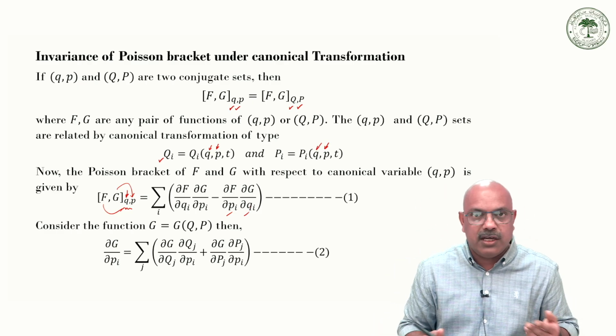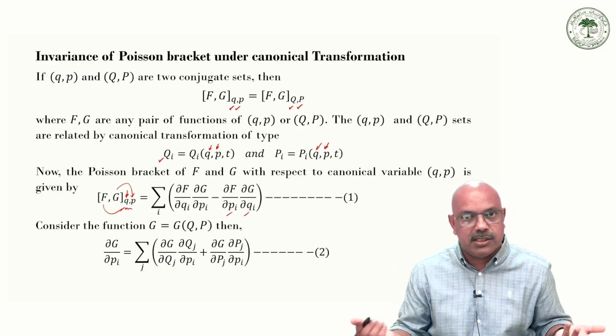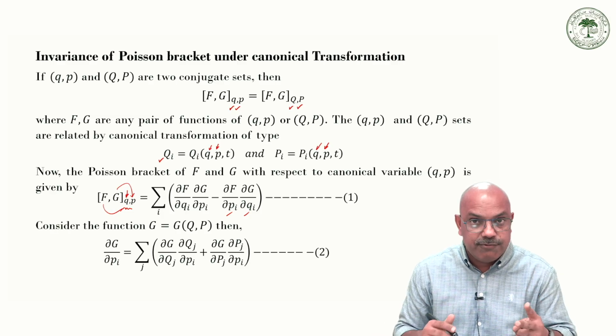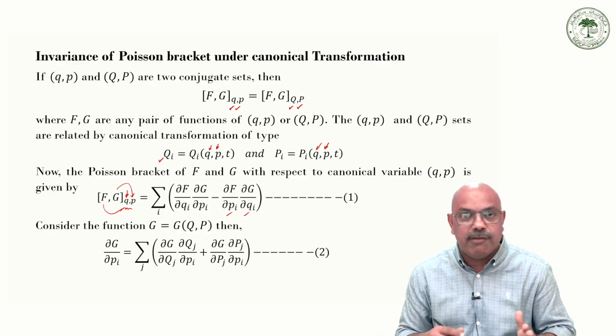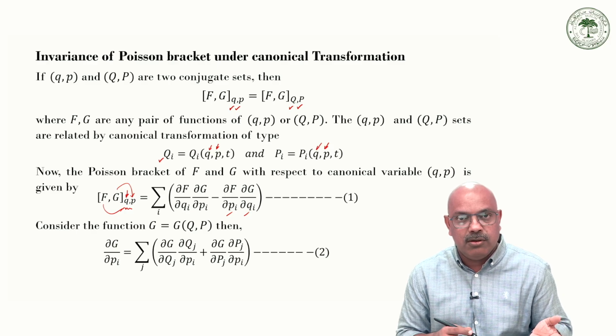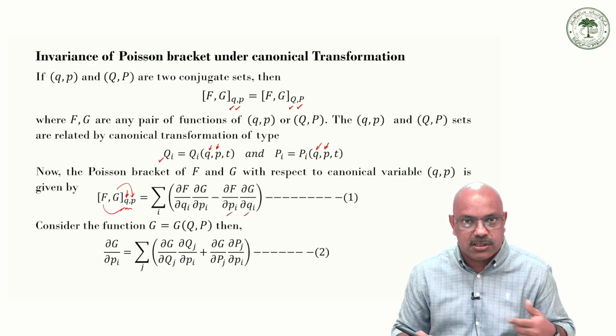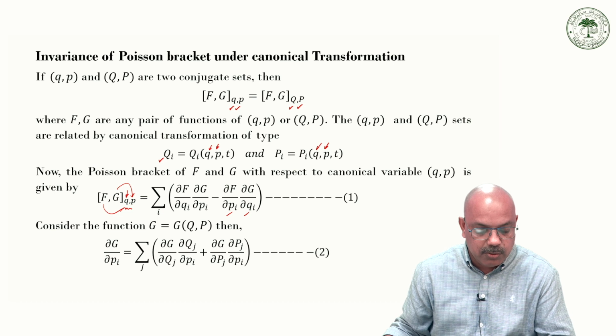Okay, this is how you define the Poisson bracket. That is, the Poisson bracket is a mathematical operation that gives you how the two functions f and g are going to behave when you change the canonical variables q and p on which they depend.